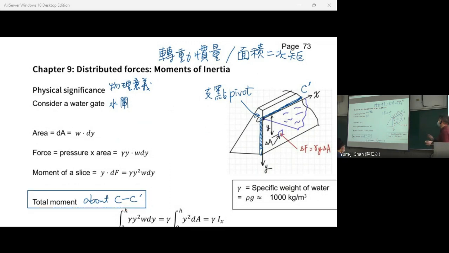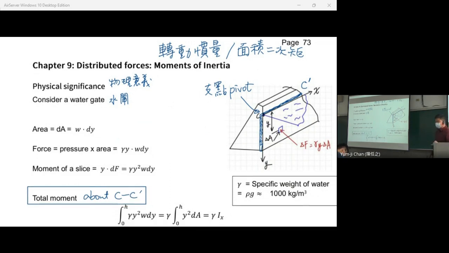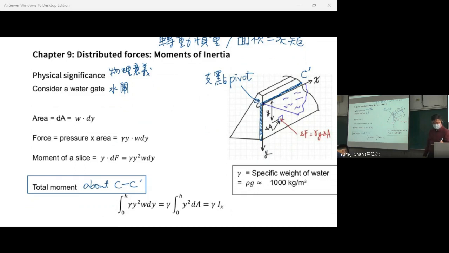We want to determine the total moment of the water, because we have water here, water here, and we want to determine the moment of water about C and C prime. So let's talk about some physics.